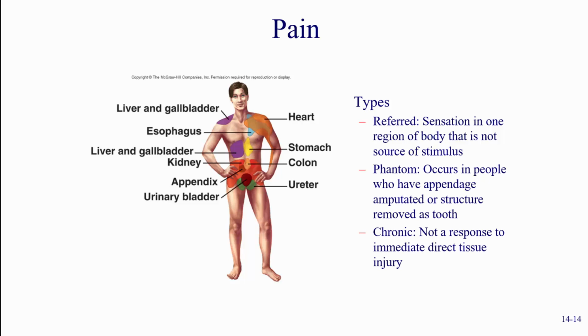And then we have chronic pain, and that's not a response to immediate or direct tissue injury. Now, here's the thing. The nerve fibers that convey information of acute pain or sharp pain to the brain are fairly large fibers, okay?